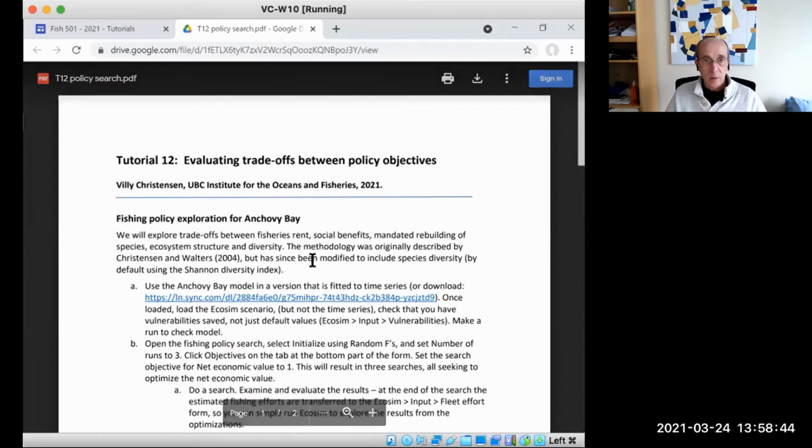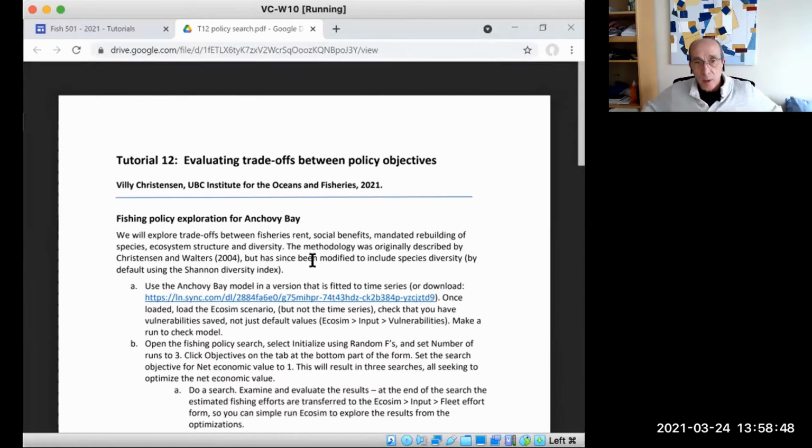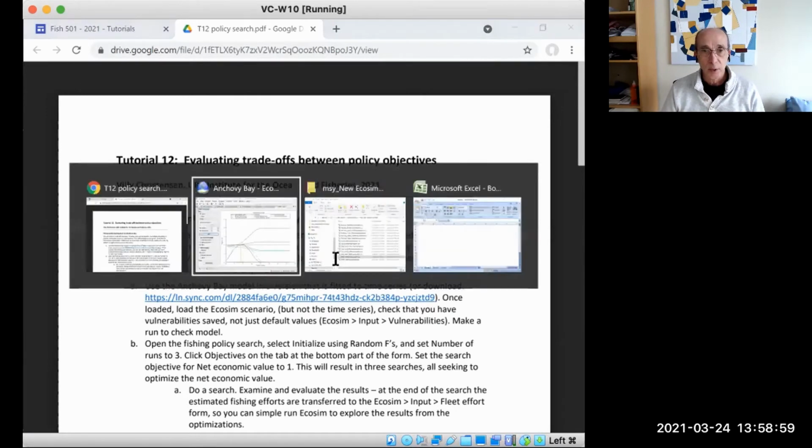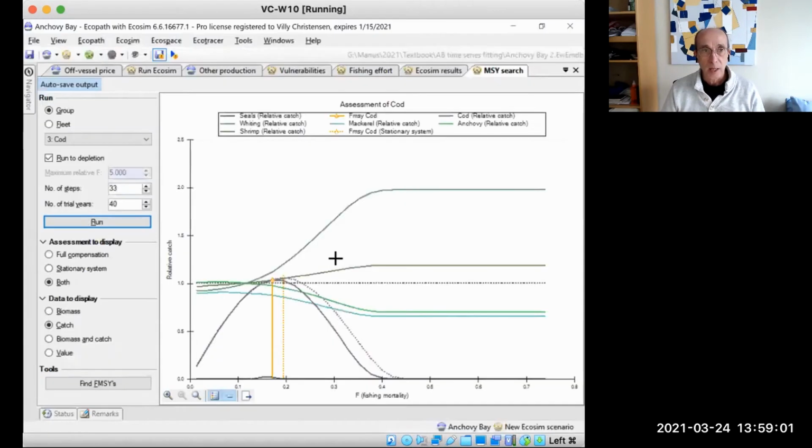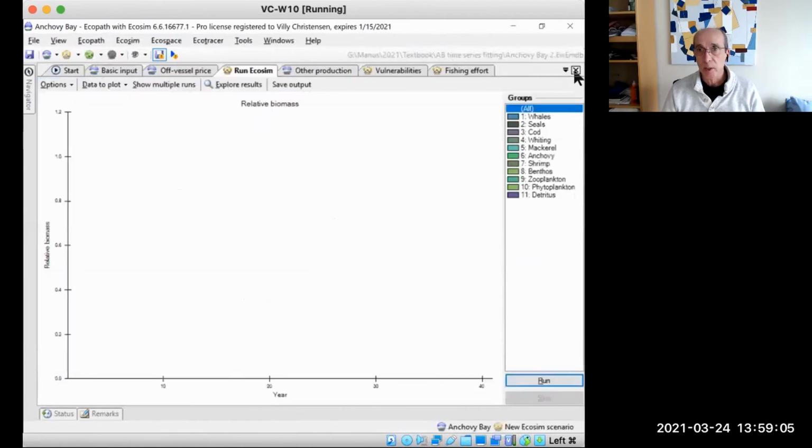Again, this time we are going to look at trade-offs between economics, social considerations, and ecological considerations. So for this, back to this fantastic place called Anchovy Bay.